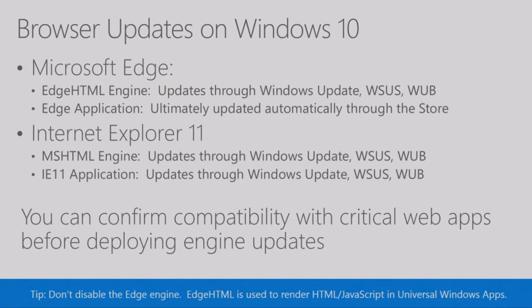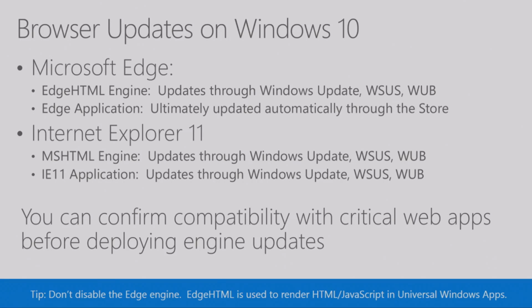However, for the Edge application itself, all these user features, we are looking to automatically update it through the Windows Store. What this means is, if you wanted favorite syncing or better favorites management, you could get that a lot quicker. All of this is to allow you to confirm your compatibility with your critical web apps before deploying.